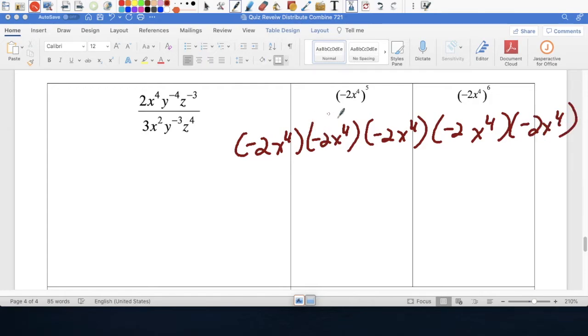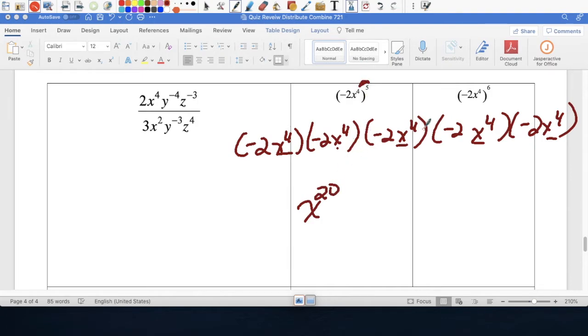So for the variable, x to the fourth, you have 1, 2, 3, 4, 5 of them being multiplied. So it's x to the fourth times x to the fourth times x to the fourth. If you keep the base and you add the exponents, you get 20.